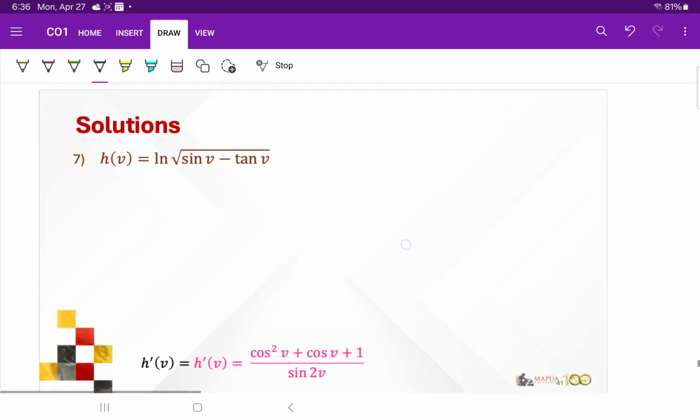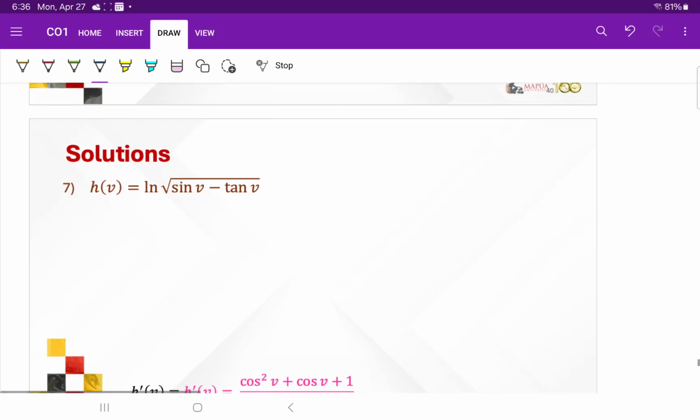Okay, let's go over this one. So for this one, what is h prime of v? So this actually can be written as what? Ln of what? Sine of v minus cosine of v to the 1/2.